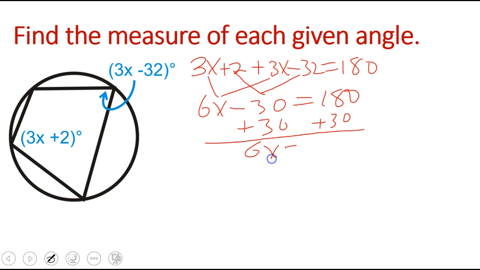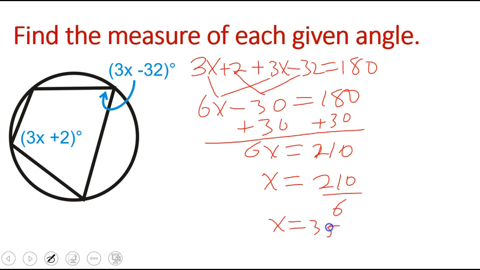So 6x equals what? 210. And x is 210 divided by 6, which is 35.